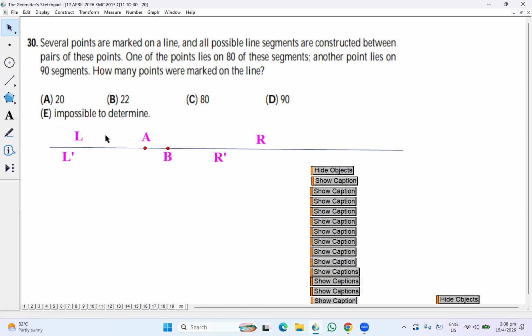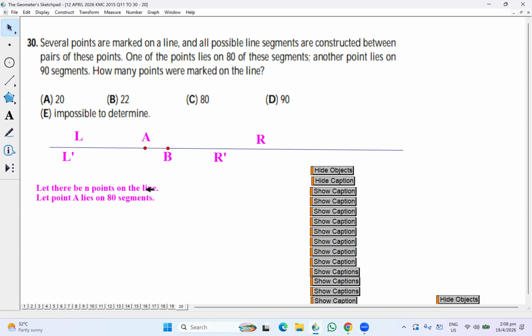Suppose L is 2 points, and here is 5 points. Then you can draw 10 segments because 1 point can join to 5 points, 5 segments already. Then the second point can join to the 5 points again. You get another 5 segments, total 10 segments. So we can multiply L times R.